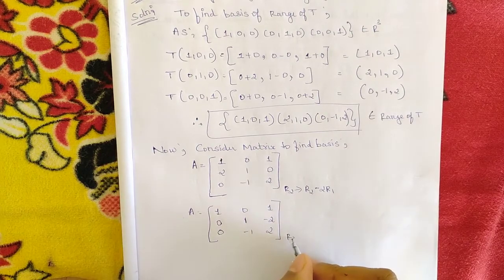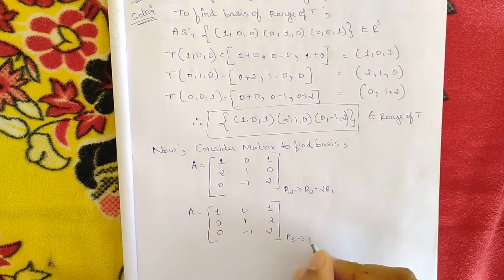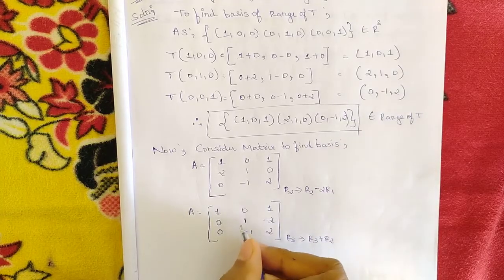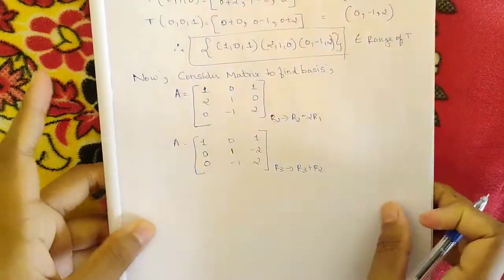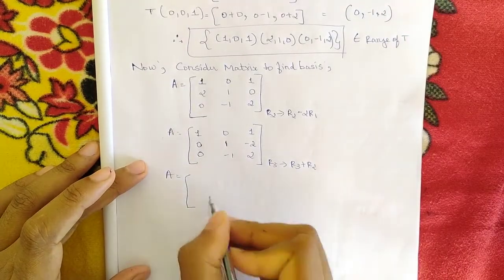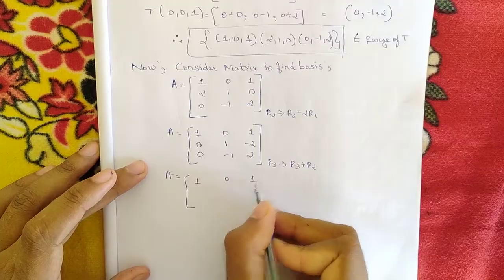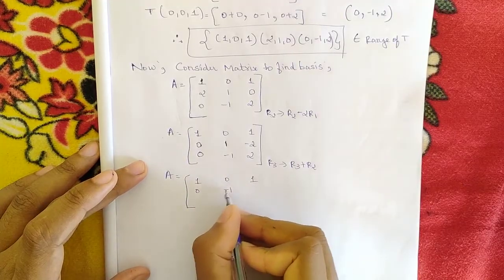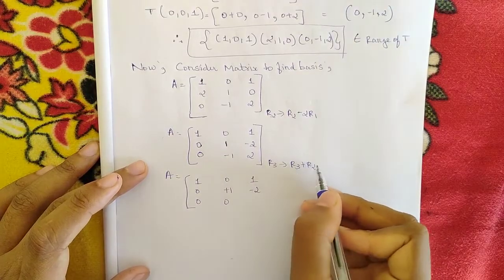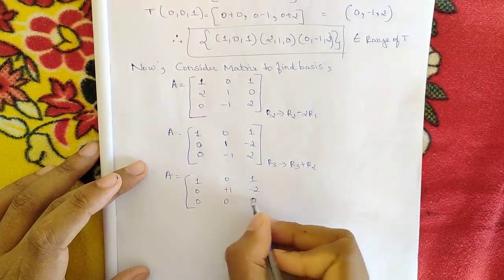So R3 plus R2, because we have a minus sign here, so minus 1 plus 1 is equal to 0. Here we get A as 1 0 1, 0 1 minus 2, 0 0, R3 plus R2, that is 2 minus 2, again we got 0.